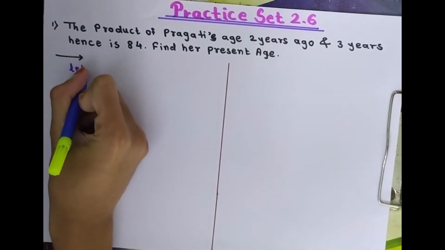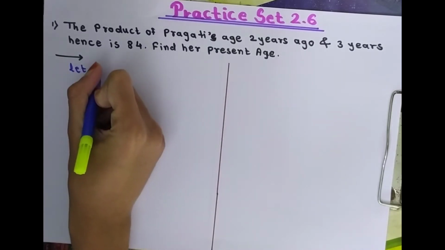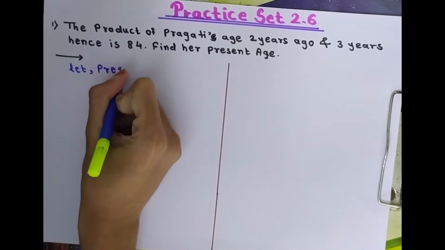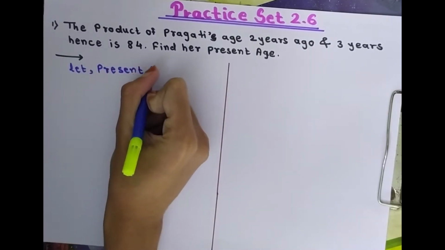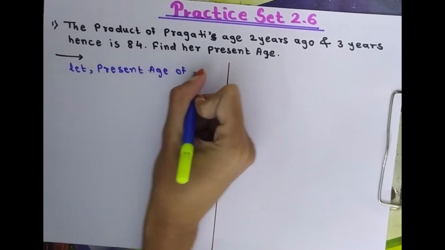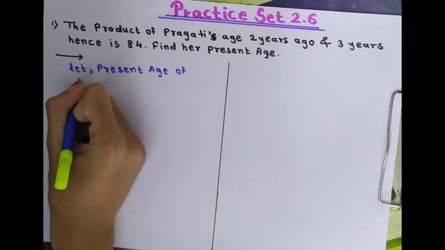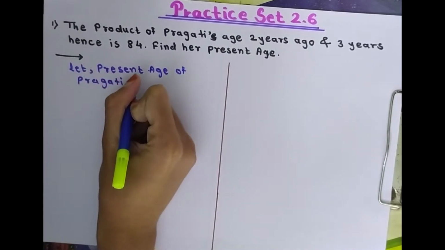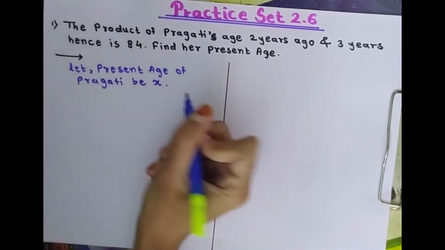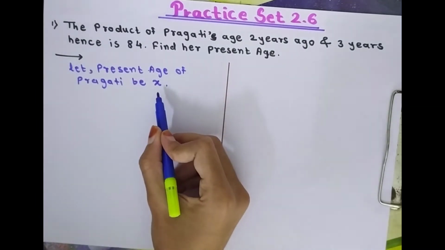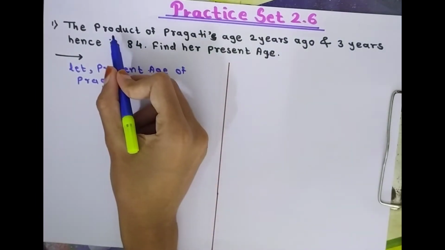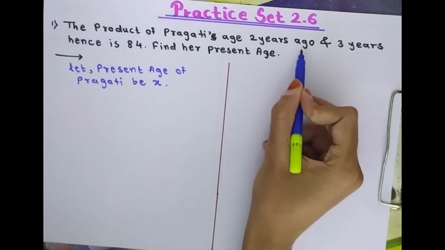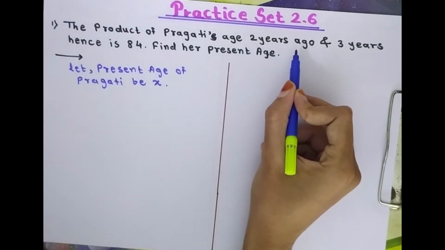Let the present age of Pragati be x. So when we assume the present age of Pragati is x, what is given? The product of Pragati's age 2 years ago. 2 years ago means 2 years before.